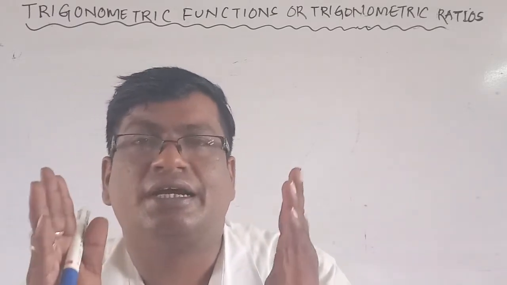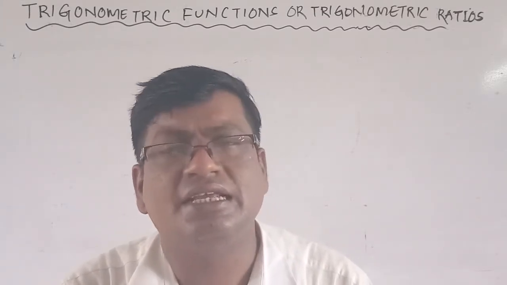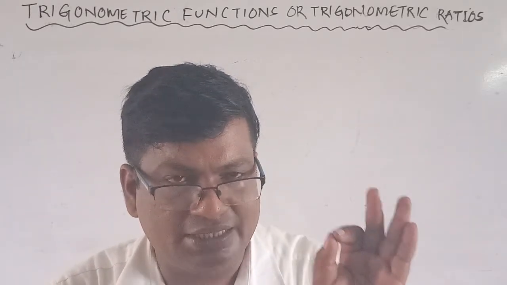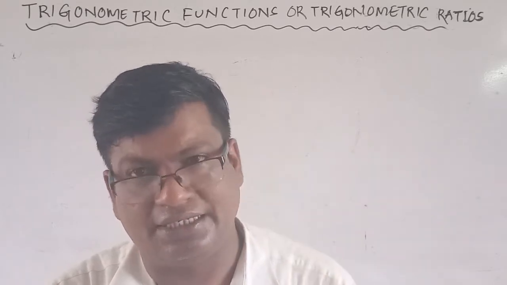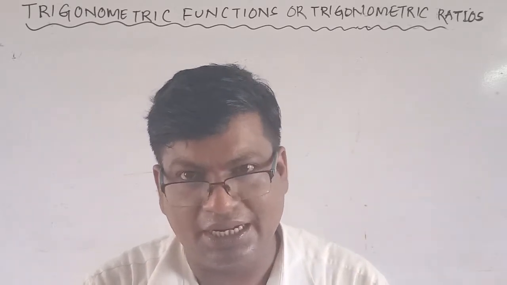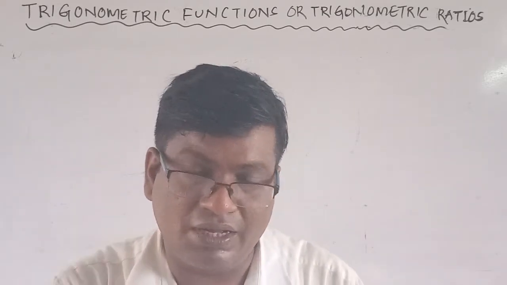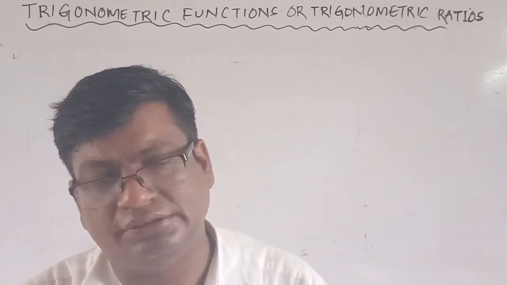This is an identity. What is an equation? Suppose we are given sin theta is equal to 1. It is an equation, for which angle sin theta will be 1. It is a particular case, but sin square theta plus cos square theta is equal to 1 is valid for each and every value of theta.